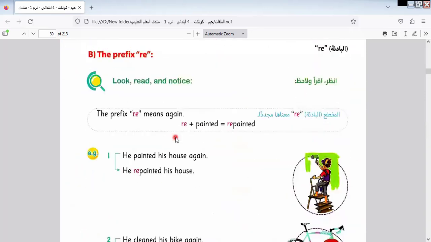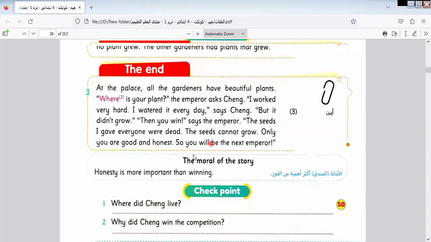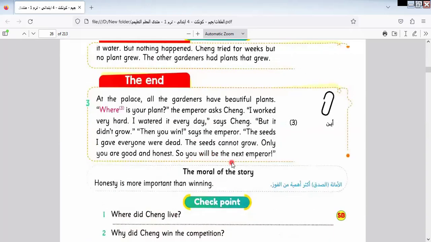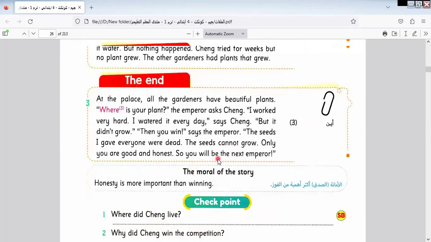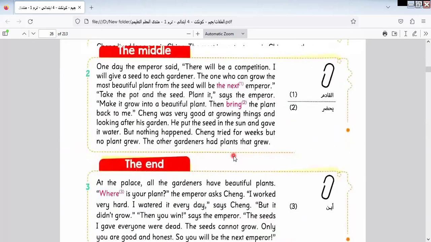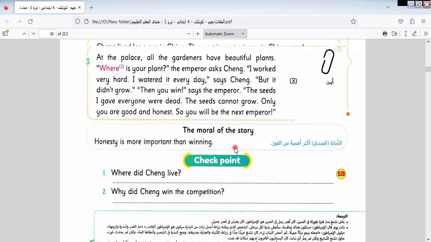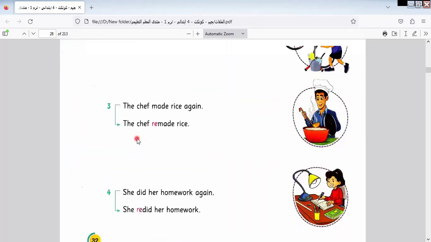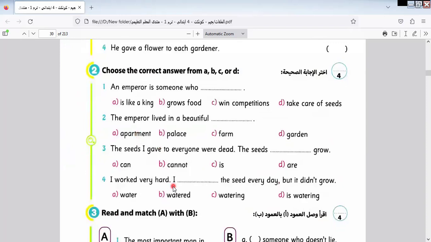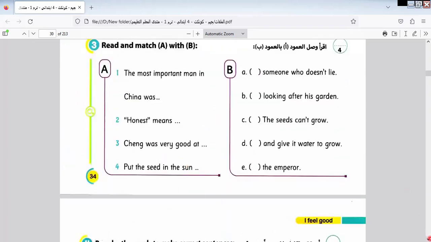I watered the seed every day, but it didn't grow. Here it is in the text: I worked hard. I watered the seeds, but it didn't grow. So here he watered the seeds, but the seeds can't grow. So the answer will be "watered." Let's answer the matching together.